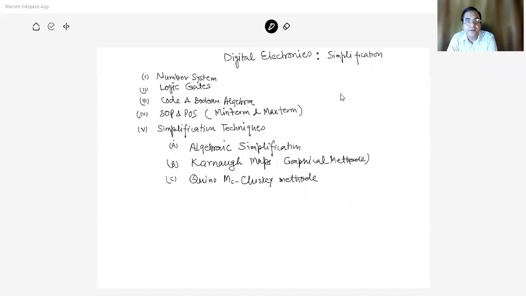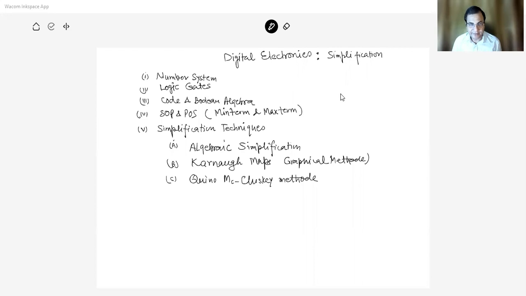Good morning, friends. Today I would like to discuss the simplification techniques for digital expressions. Before starting, let us recall the topics covered so far: number systems, logic gates, codes, and Boolean algebra in coding applications, sum of products and product of sums as min terms and max terms.